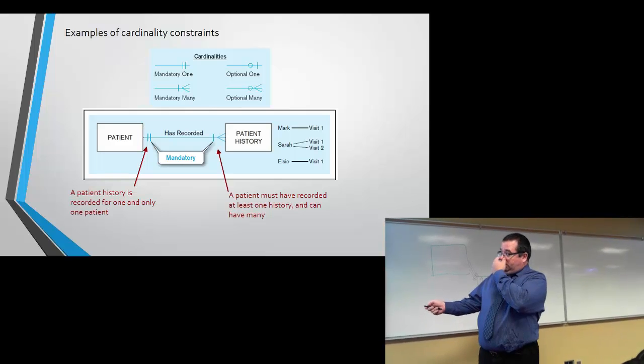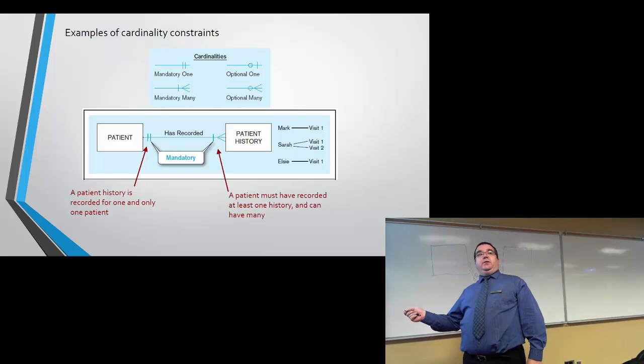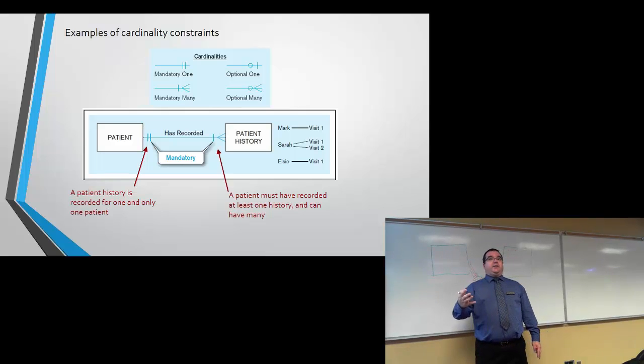And this means that the patient is required, and that if a patient is created, it must have at least one entry of history. This is actually a little uncommon, this setup, because when you create the record in the database, how can you have a history? It's a chicken-before-the-egg moment, right? The patient must have a history. But how can you put in a history if you don't have a patient?